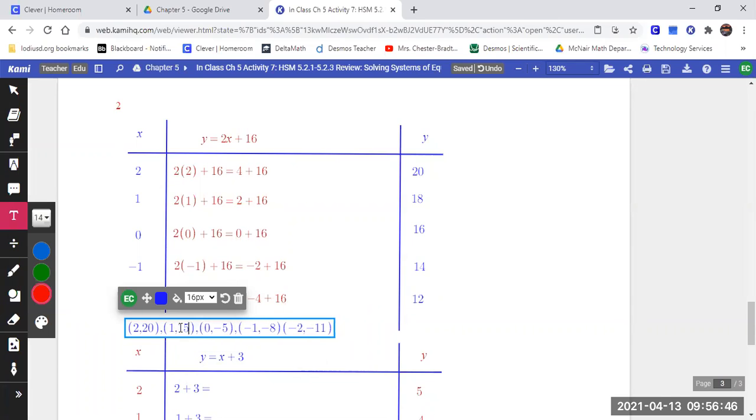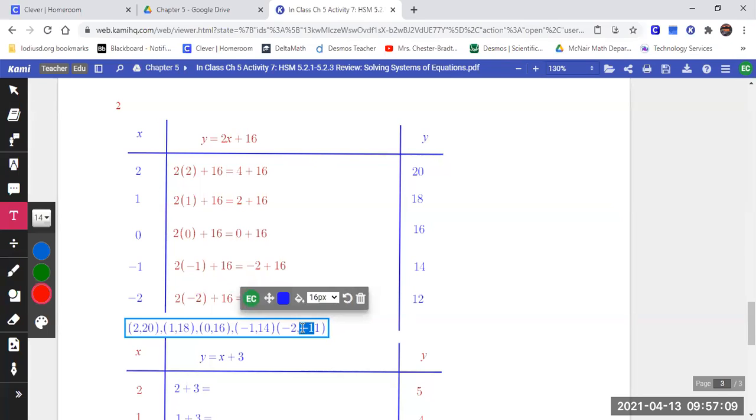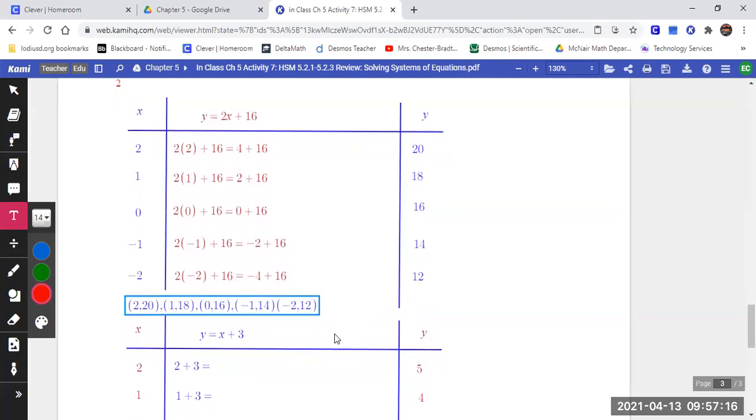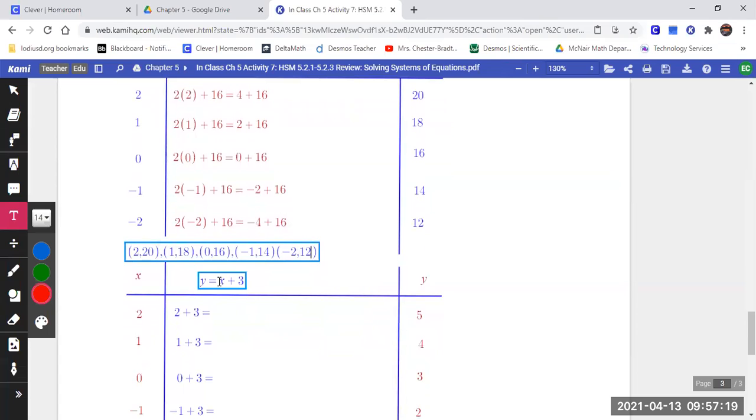So we're just going and changing the y part to match the 0. -1. 14, and then -2, 12. Okay, we good so far? So we have to repeat for the second equation. So I need that second equation, please.